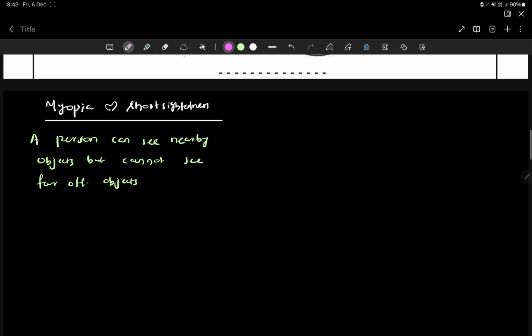And another defect is hypermetropia. It is otherwise termed as far-sightedness or long-sightedness.